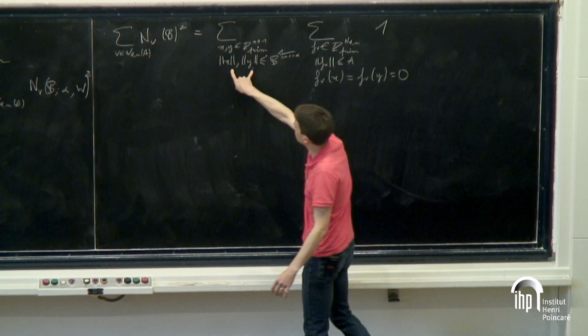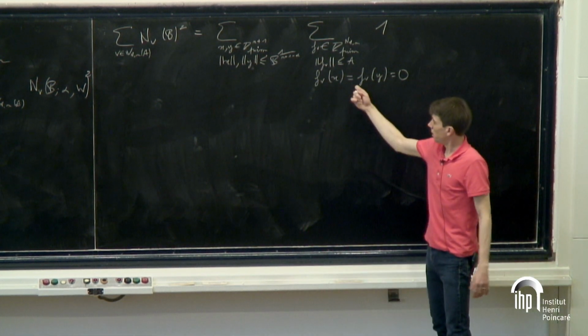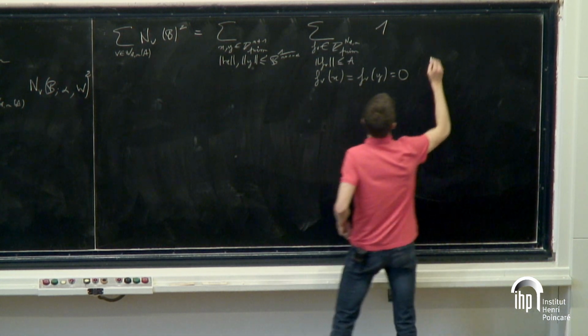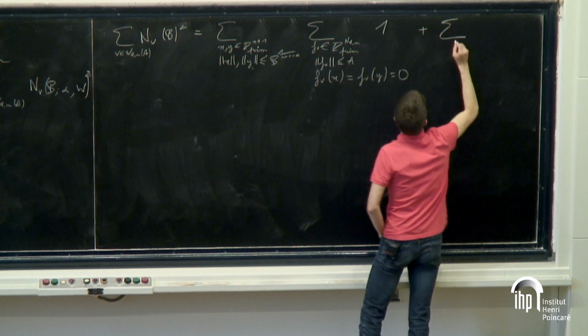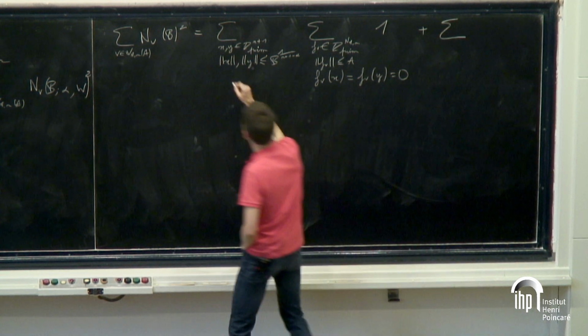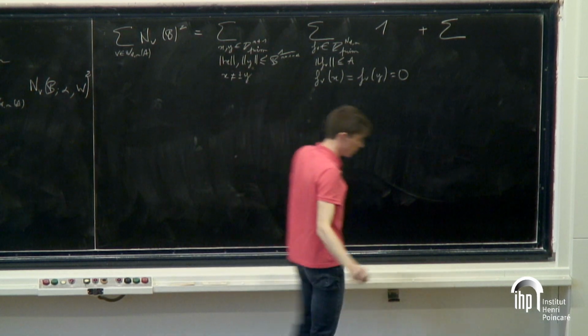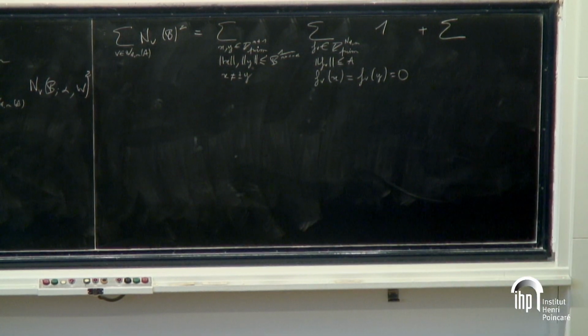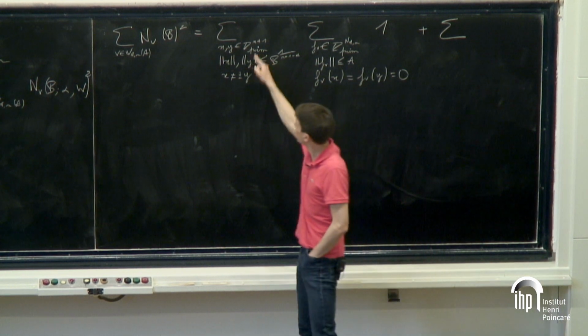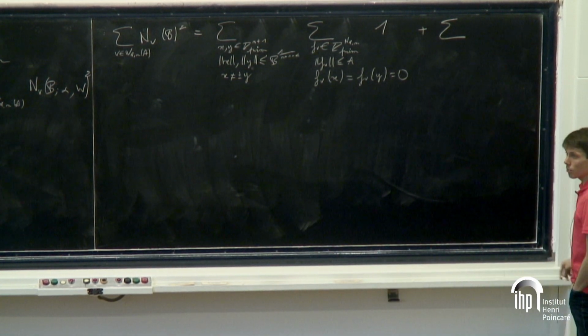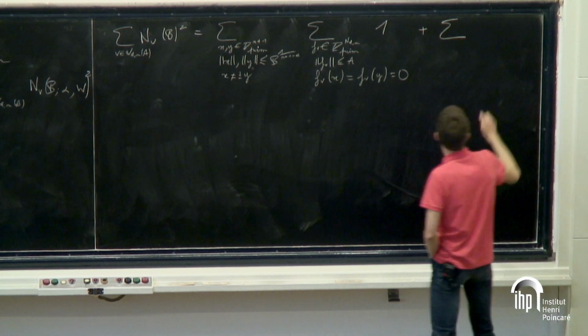But if x and y are collinear, then there's actually only one condition. So that term, we're going to put outside. And here I'm going to add the condition that x is not equal to plus or minus y. Both vectors are primitive, though, so they are collinear if and only if we have x equals plus or minus y.